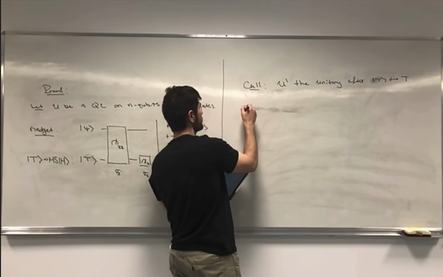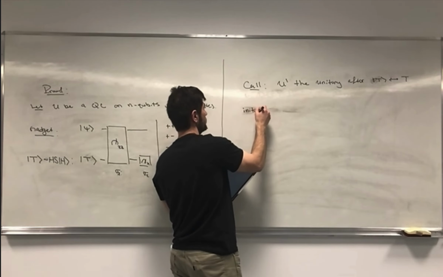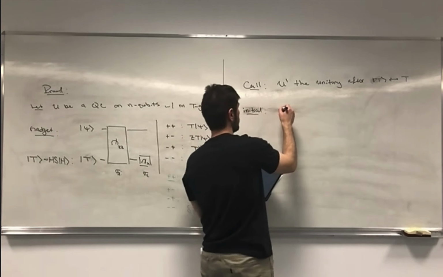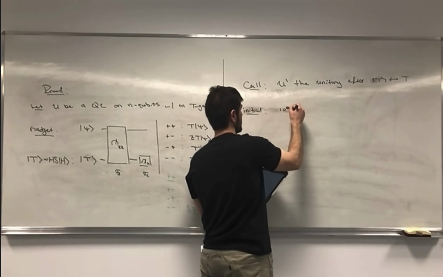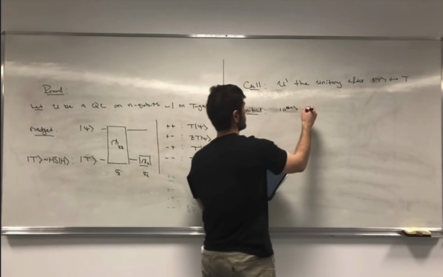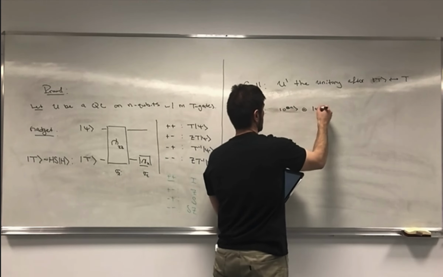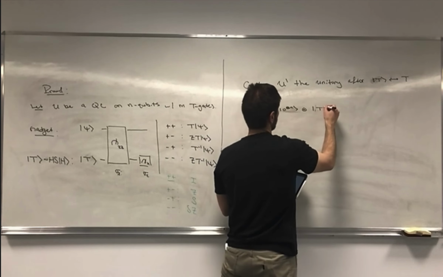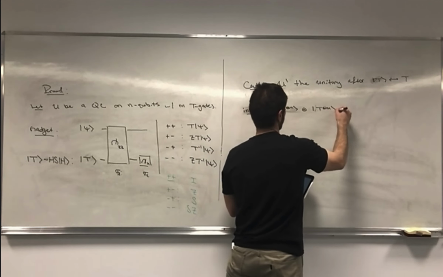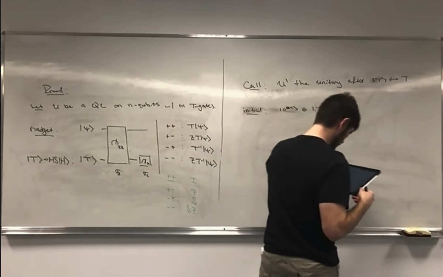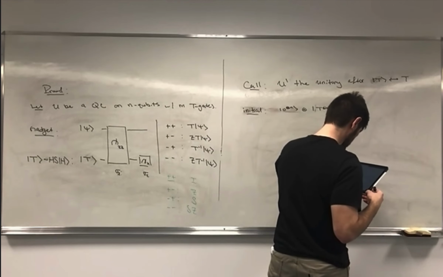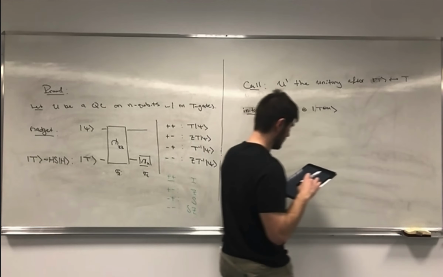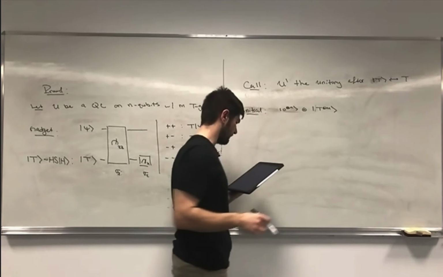We have an initial state that's as follows. The initial state will be the n original qubits, and then T to the m, yes, T to the m is fine.